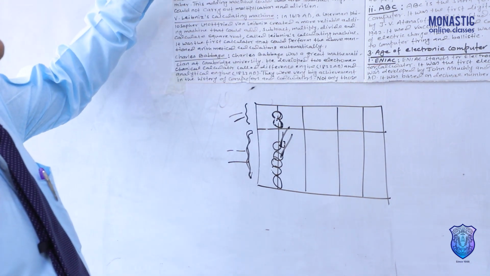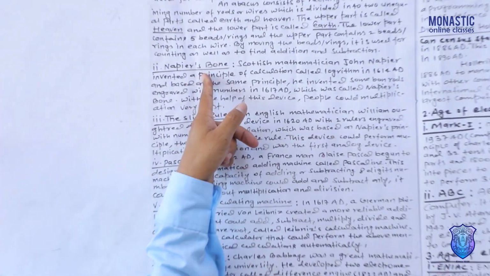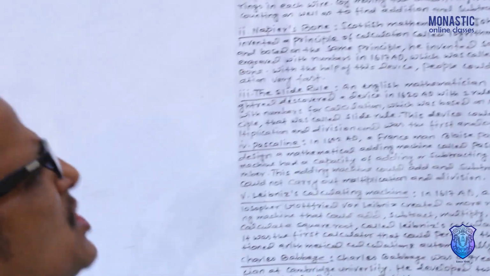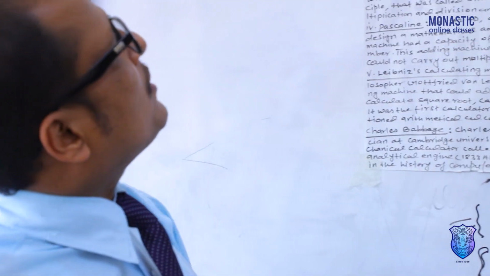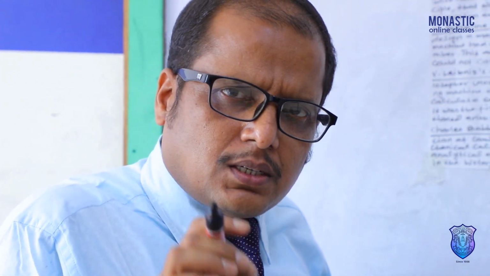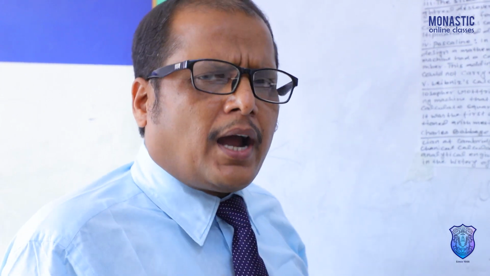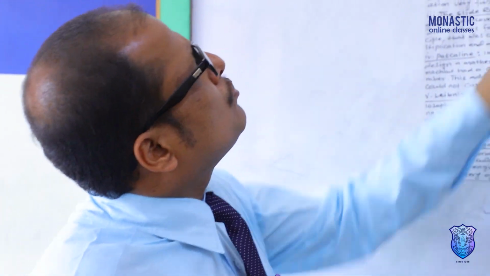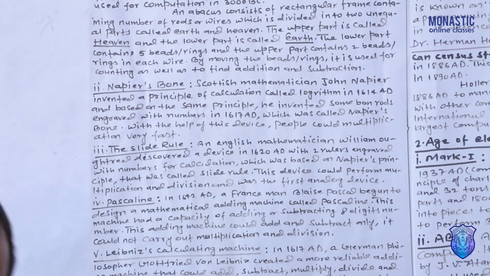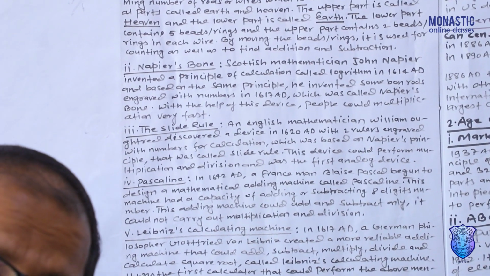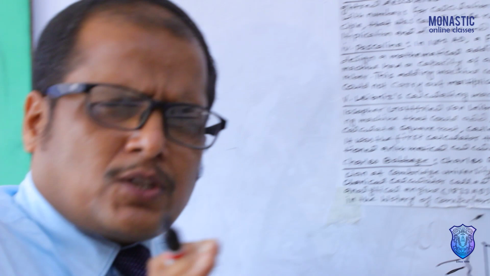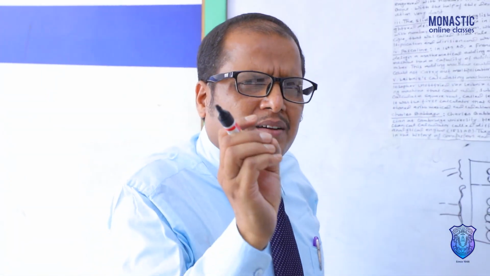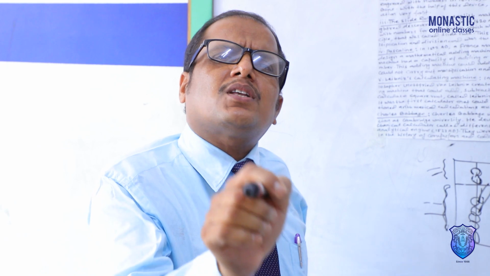Now next one is Napier's bones. A Scottish mathematician named John Napier invented the principle of calculation in 1614 AD, that is called logarithm. Based on the same principle, John Napier invented some rods in 1617. They were not actual bones, but looked like bones, on which numbers were written.